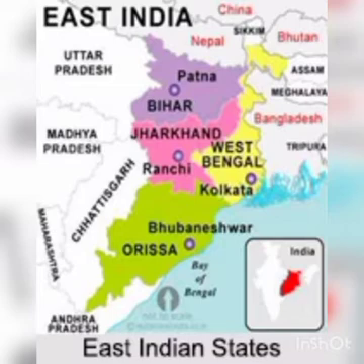These two tributaries, Kosi and Son, meet the Ganga at the place Patna. So the important river in Bihar is the Ganga.